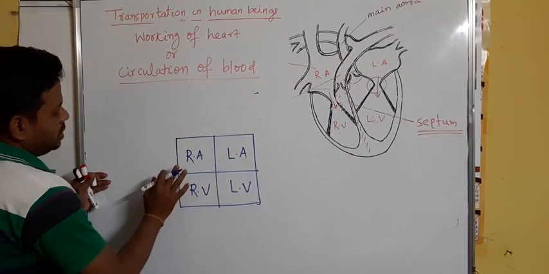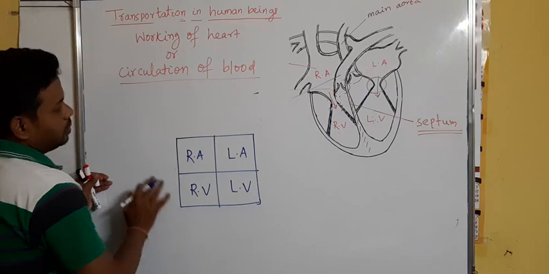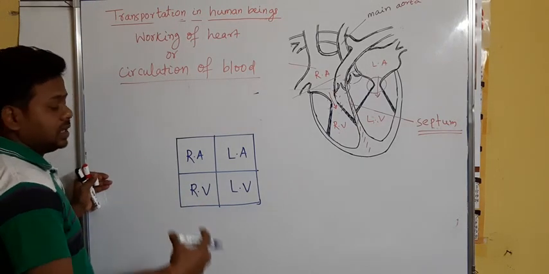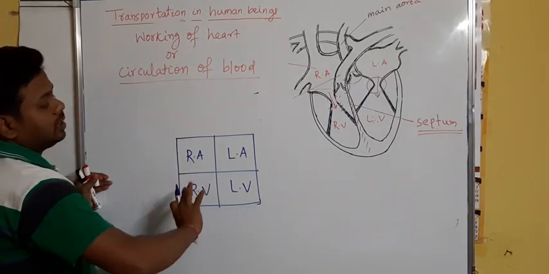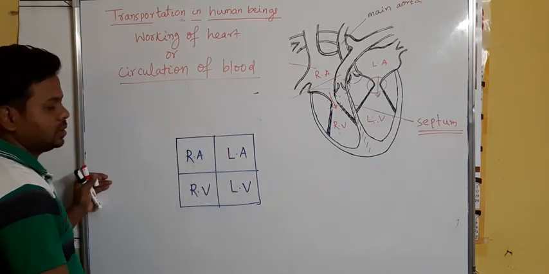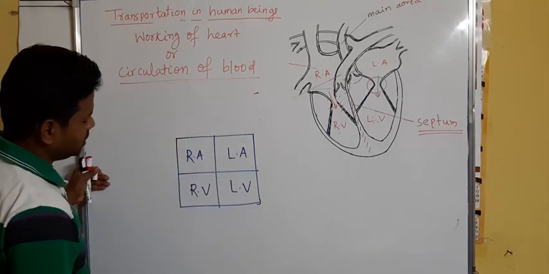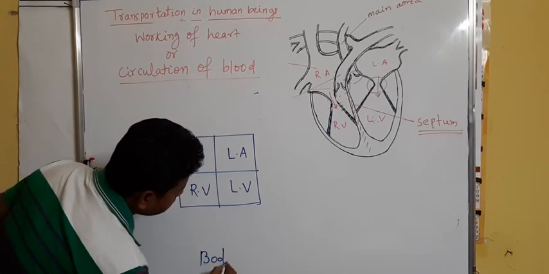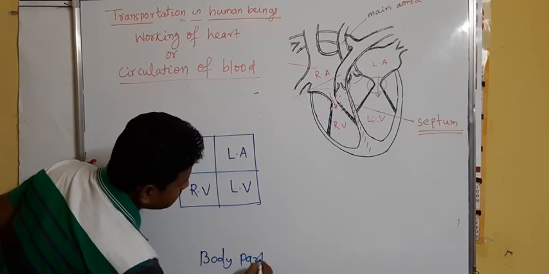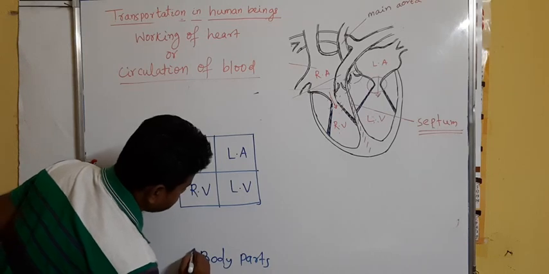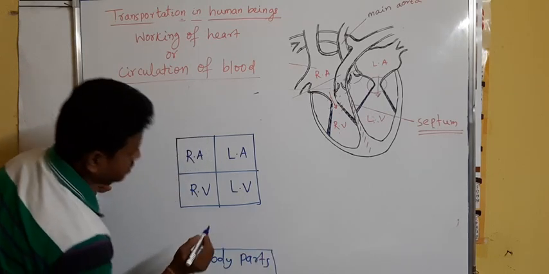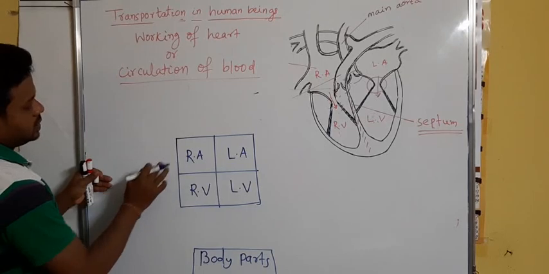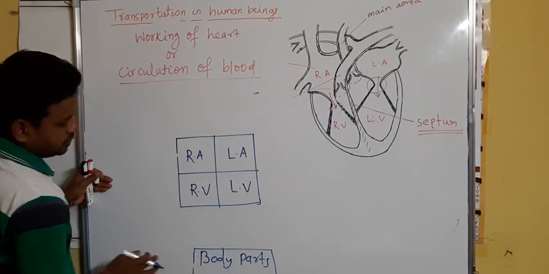So what happens now? How the blood moves inside the heart and how the heart pumps the blood, we will discuss. That is circulation of blood. So you know that we have the different body parts. What happens from the different body parts?